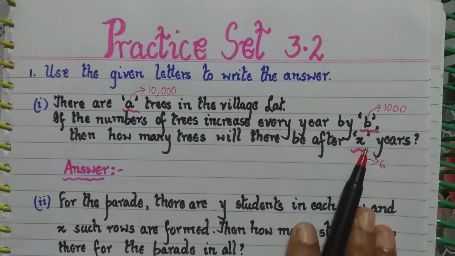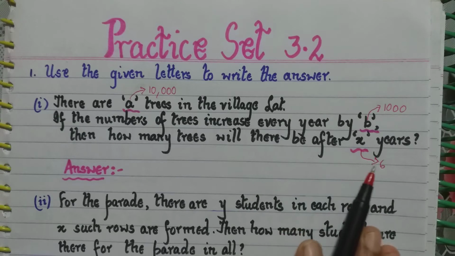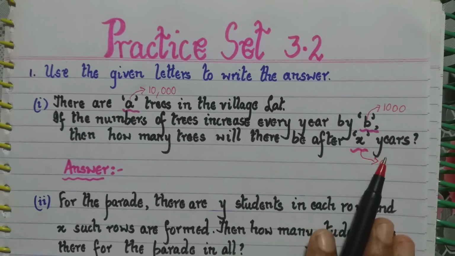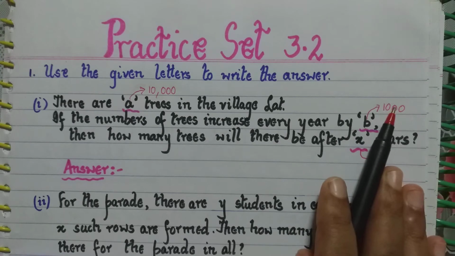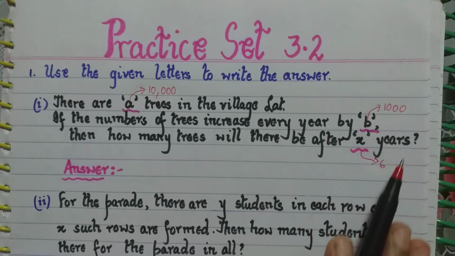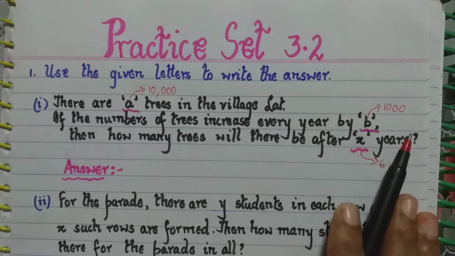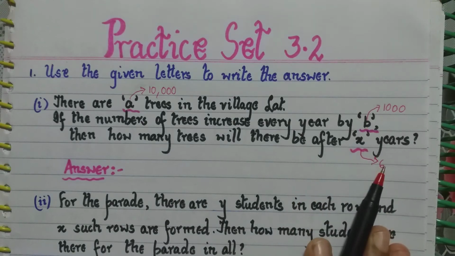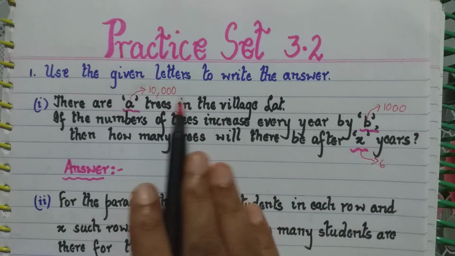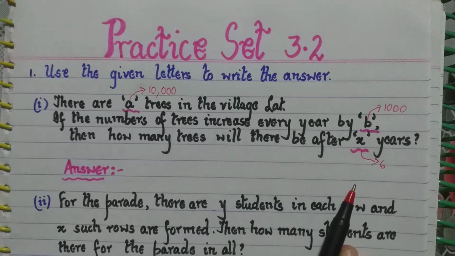Now after 2 years, the number of years becomes 2. His increment is 1000 rupees every year, so this becomes 1000 into 2, which is 2000. So 10,000 plus 1000 into 2 is equal to 10,000 plus 2000, which is 12,000.